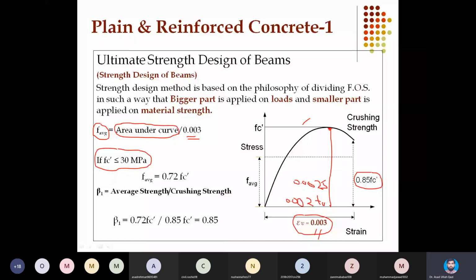So it means the actual area which is shown under the curve, let me show it with hatched line.